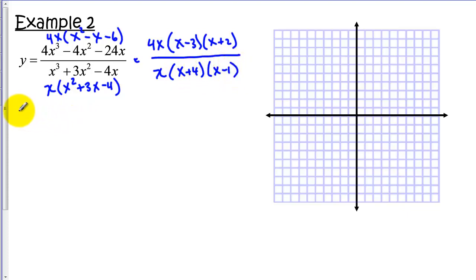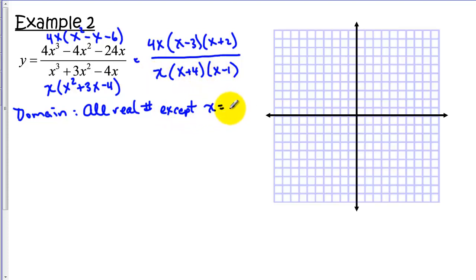So now if we look at our domain, remember we are starting with all real numbers. And then we are excluding values of x that make the denominator equal to 0. So 0, -4, and 1.